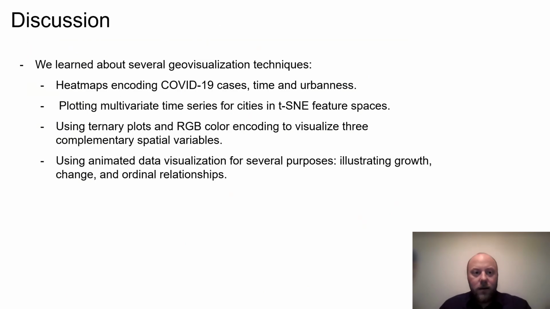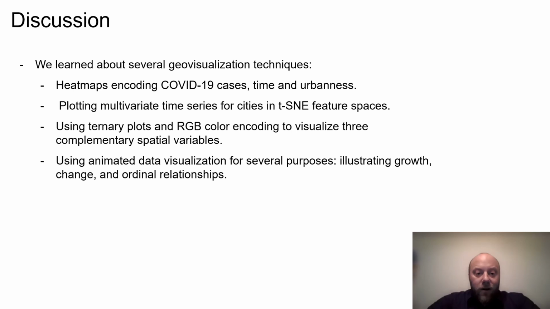Okay, so discussion, just to recap a little bit. We've learned about several geovisualization techniques. We've seen these heat maps that encode COVID-19 cases over time and across the rural-urban continuum. We've seen how we can visualize multivariate time series using t-SNE dimensionality reduction and these resulting feature spaces.